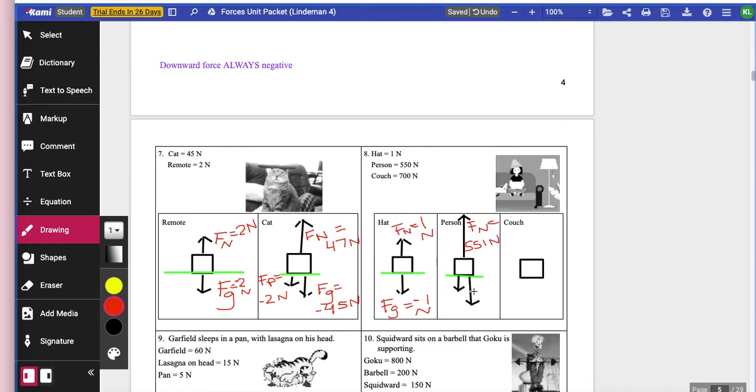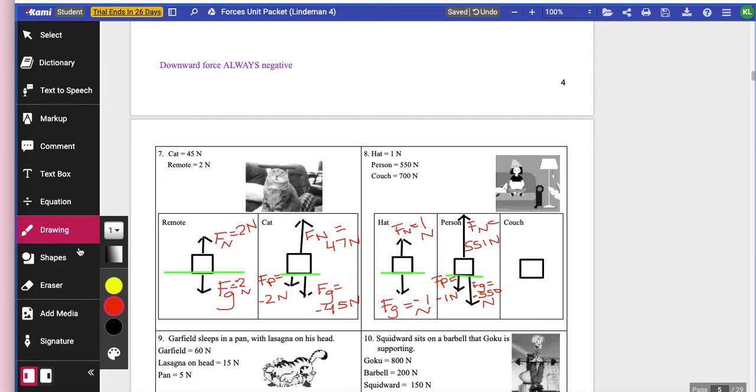My gravity force just takes into consideration how much the one person weighs, so gravity force is just negative 550 newtons. And then my push force is -1 newtons.